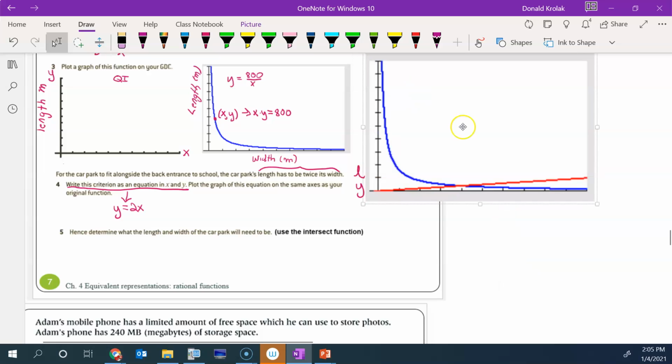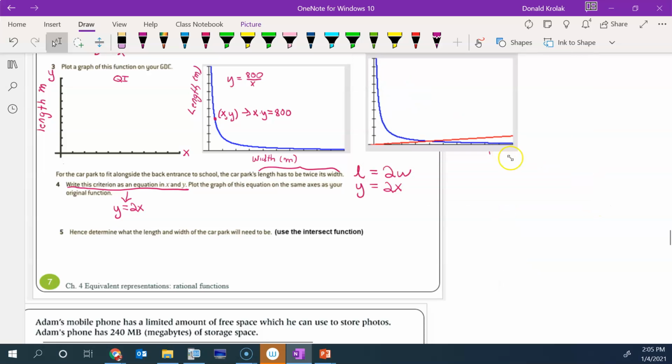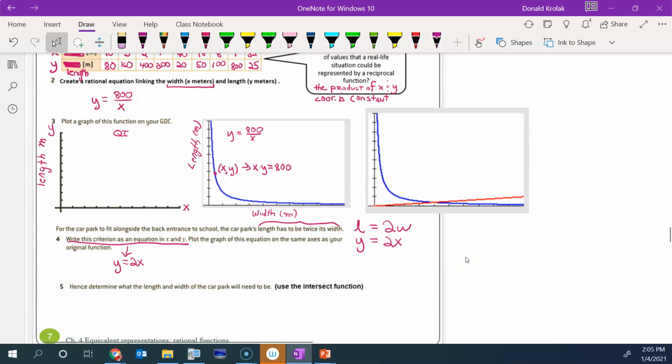Okay, so now your graph looks like this. Okay, and just label on it. This is y equals 800 over x. And then the red one is y equals 2x.